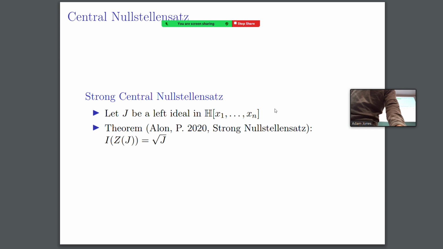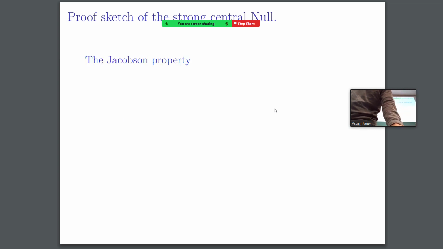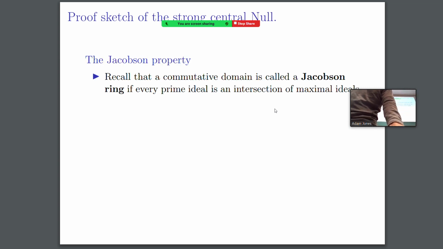Okay, so I'd like to briefly sketch out the proof. Most of the standard, tricky, quick proofs of the Nullstellensatz don't work because of the same problem I showed you with the Rabinovich trick. So you need to do something a bit more conceptual, which is the Jacobson approach to the Nullstellensatz.